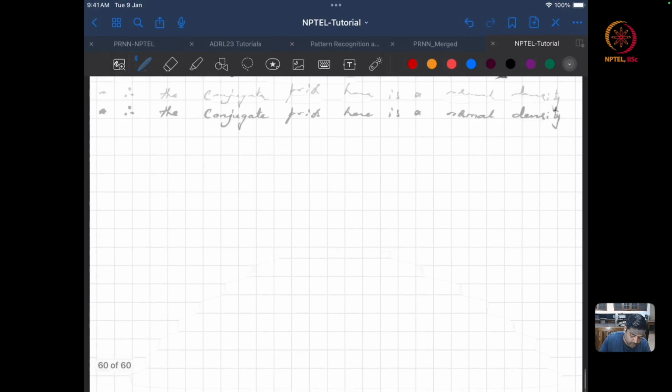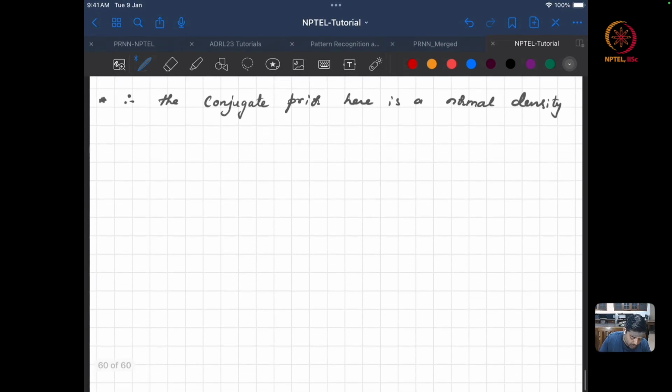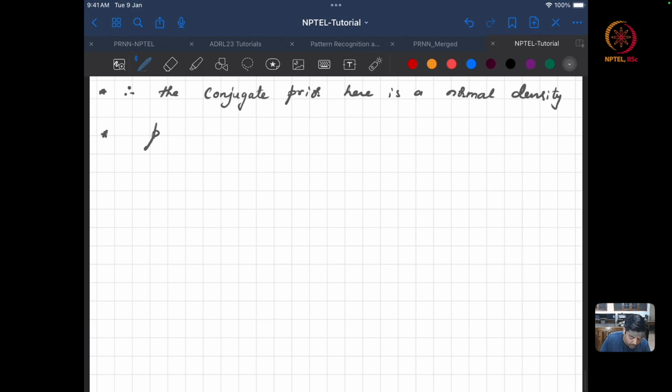Now let's assume that P of mu is a normal distribution with mean mu 0 and variance sigma naught square, and these are the hyperparameters.